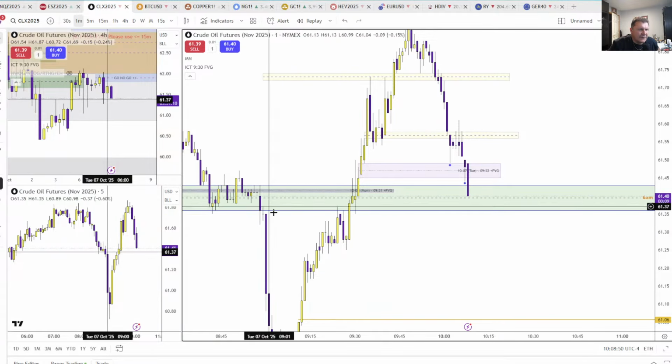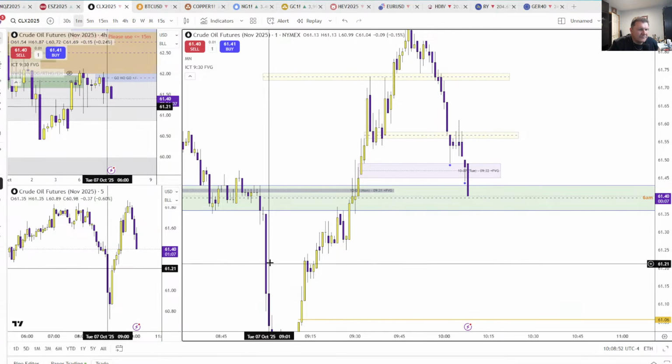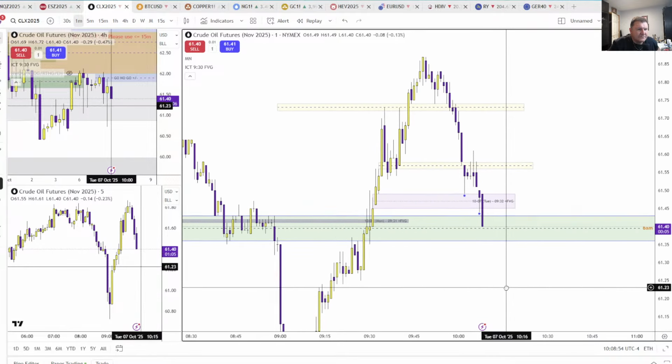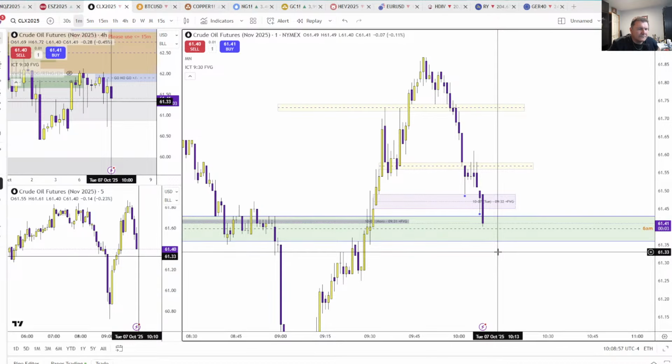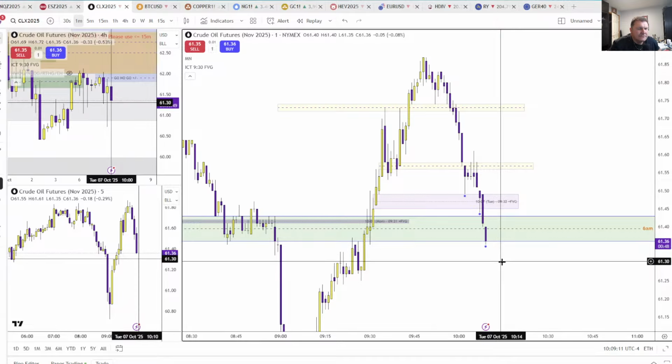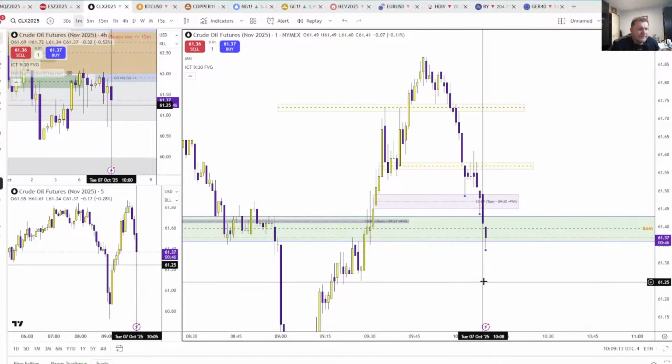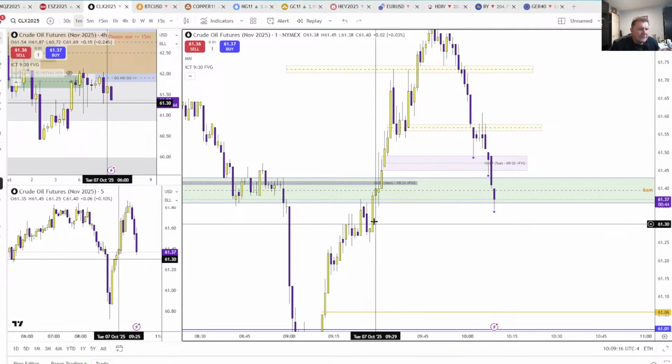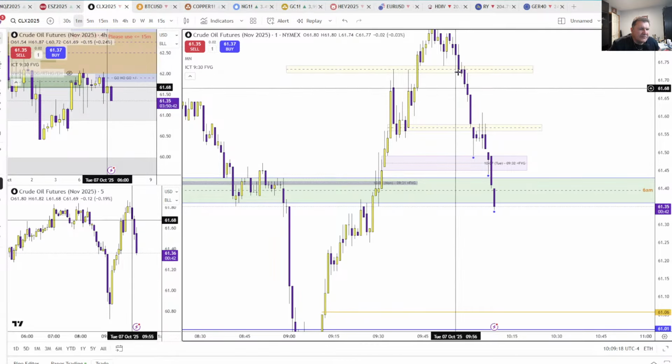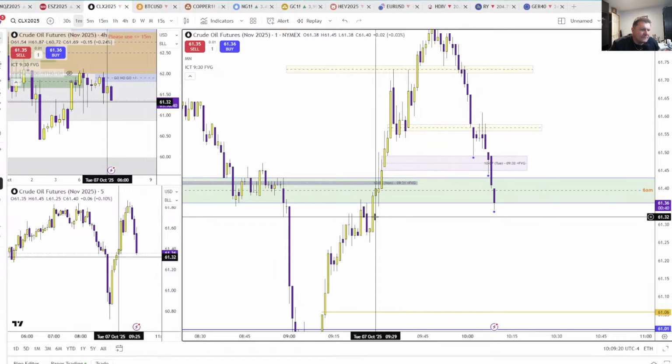Look for this level here. Box to box internal range liquidity hunt right here.